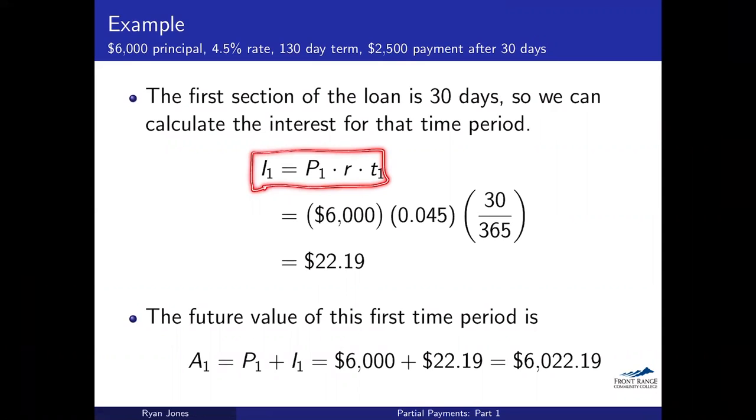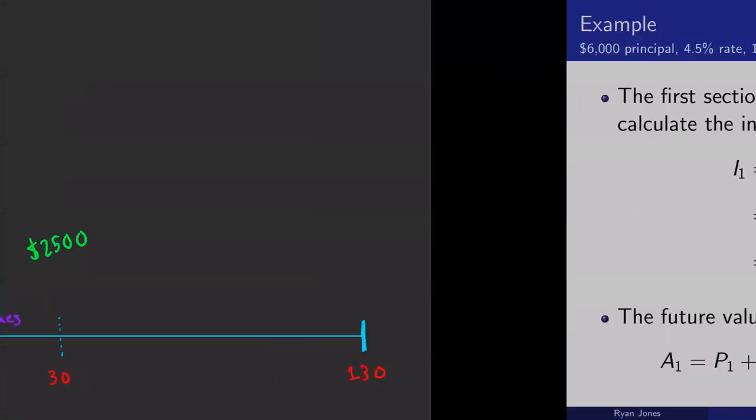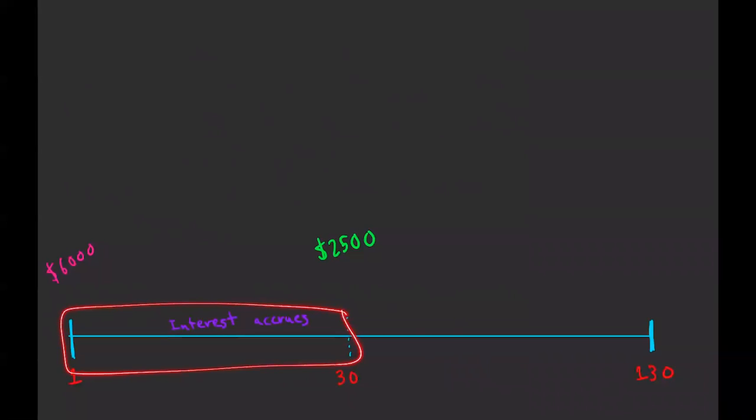And so I can say that my interest I1 is going to be equal to P1, which is our principal amount of 6,000. That's how much was borrowed, multiplied by the interest rate written as a decimal, 0.045. And then we're just calculating the interest for this first 30 days.